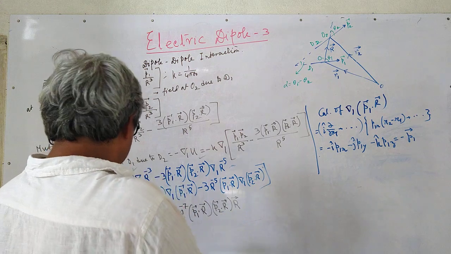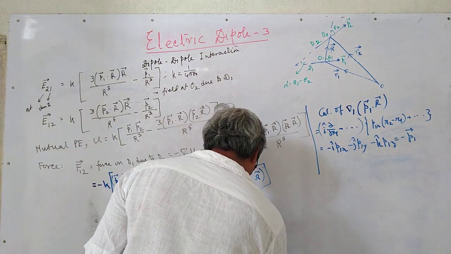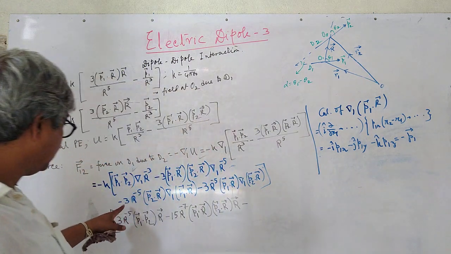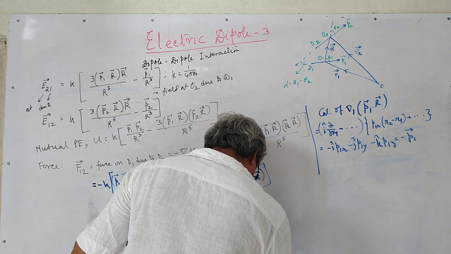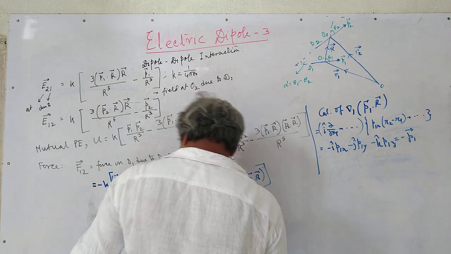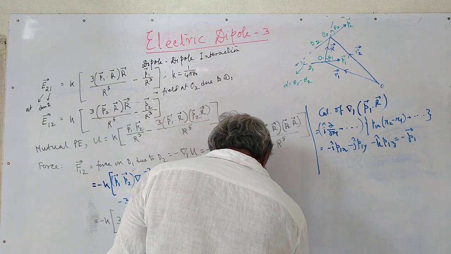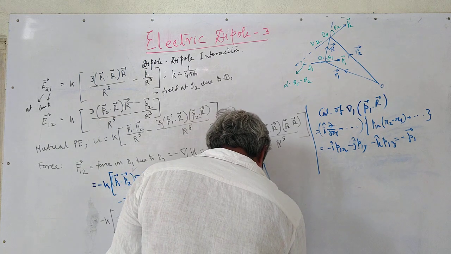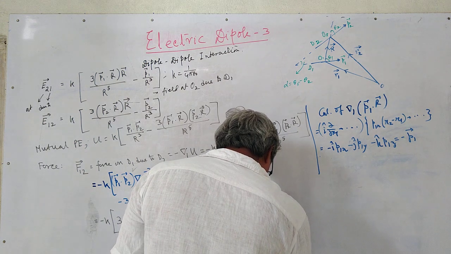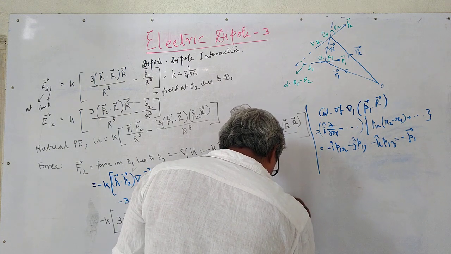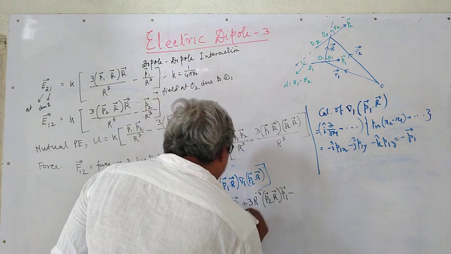So the result is, you see there is a 3 term, so 3 r to the power minus 5, the term will be plus.